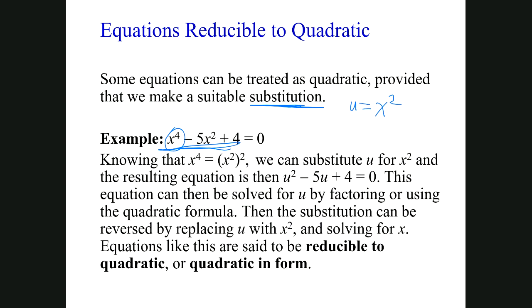Well, now this will be u squared minus 5u plus 4 equal to 0. So this is a quadratic equation, okay? And then you're gonna solve for u. One thing is when you solve for u, you have to come back to solve for x, okay? So how do you solve for u here? Well, this one you can factor really easy, right?